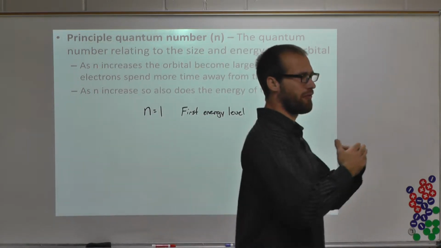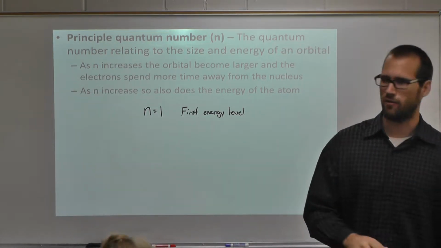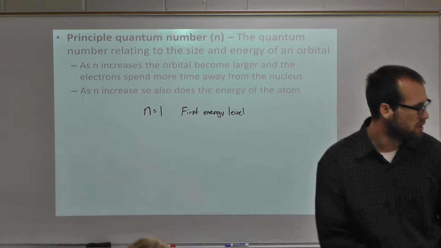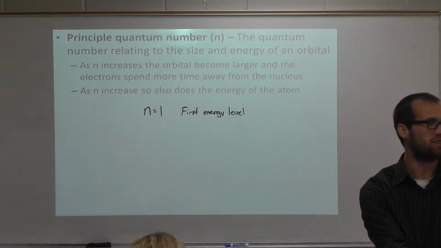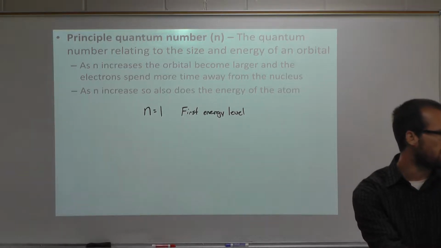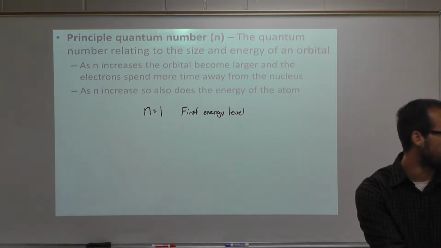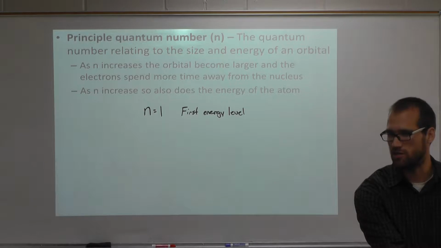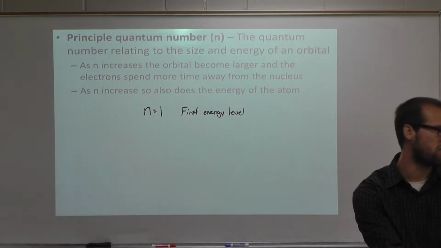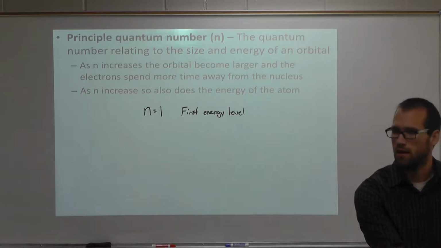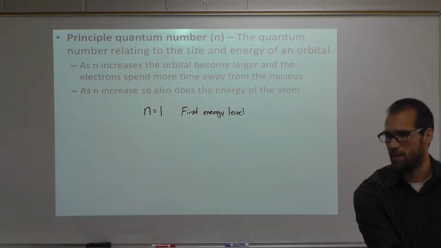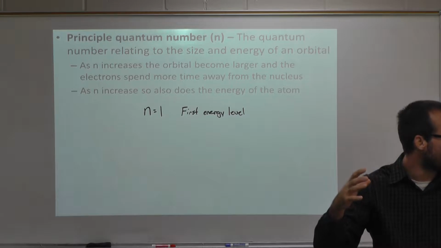Now, as the number for N goes up, what can you tell me about location and energy of a particular electron in the atom? Energy goes up as N goes up. What could you tell me about location? As N goes up, you're getting further away from the nucleus.